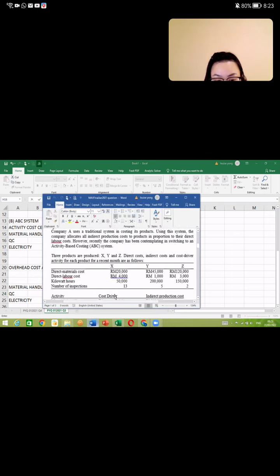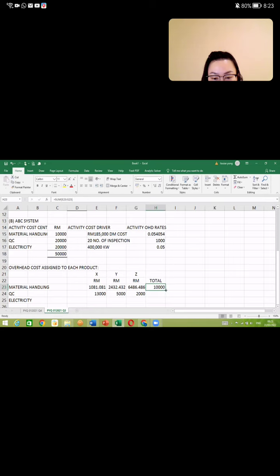Okay, for QC it's the same, 1,000, so multiply by the number of inspections. For X, QC is 13 times. Then 1,000 times for Y, your QC inspection is 5 times. And for Z, 1,000 times 2.